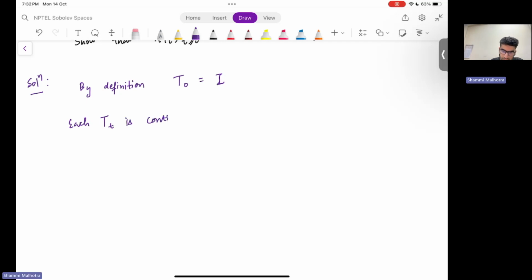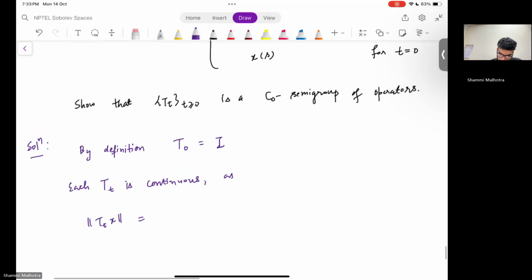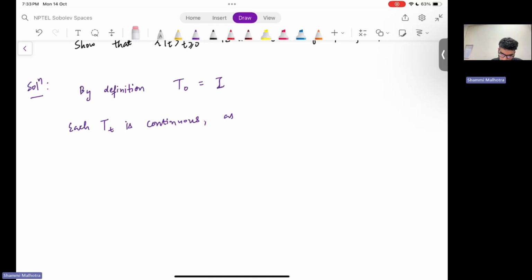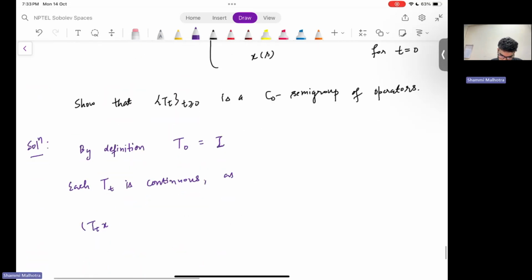So this will help in the last assertion, as I consider the norm of T_t x. Since I'm considering the norm to be the sup norm here, let me write it as T_t x(s).